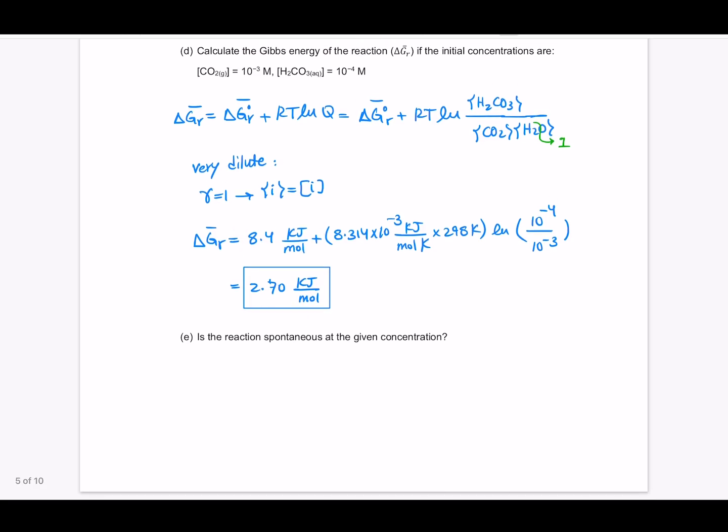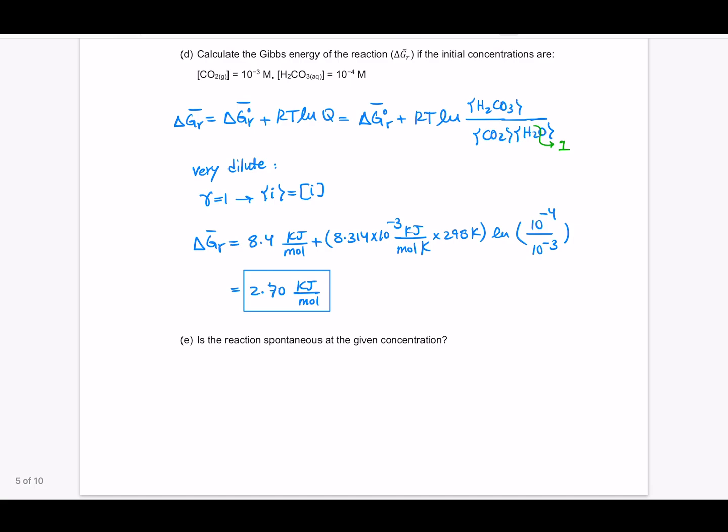So now the next part of the question is: is the reaction spontaneous at a given concentration? If we blend this much carbonic acid and this much CO2, would the reaction progress in the way that it's written? So the way it's written is basically CO2 plus H2O forming carbonic acid. So for that reaction, it's all about delta G of reaction.